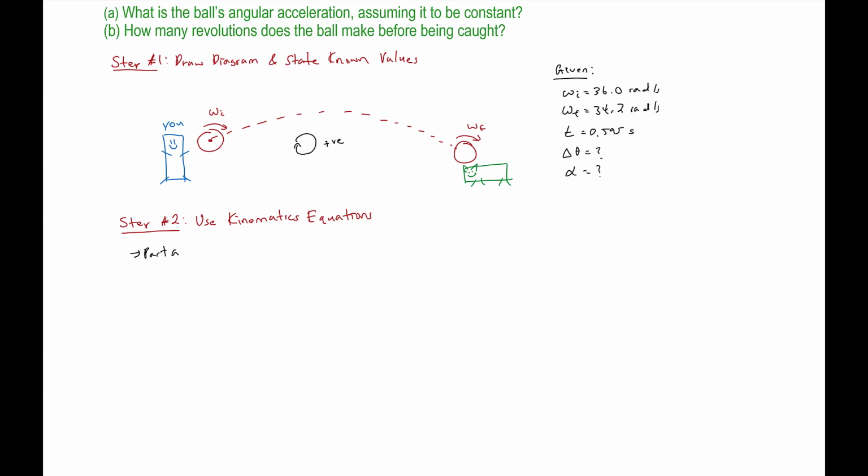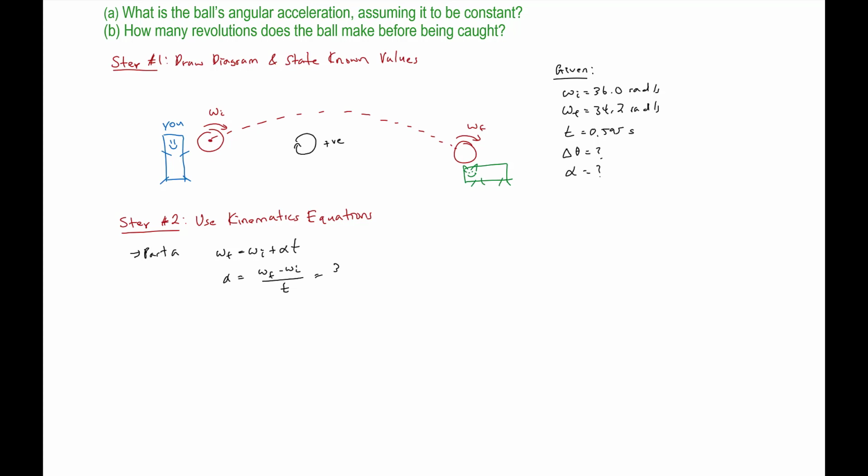We're given omega I, omega F and t, and we're trying to solve for alpha, so we use omega F is equal to omega I plus alpha t. Alpha is equal to (omega F minus omega I) divided by t.